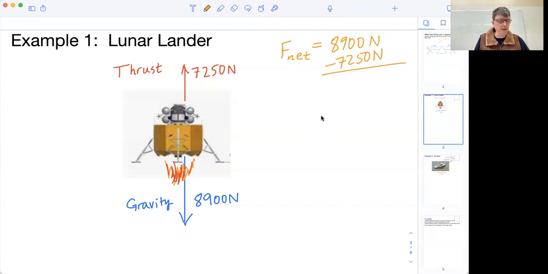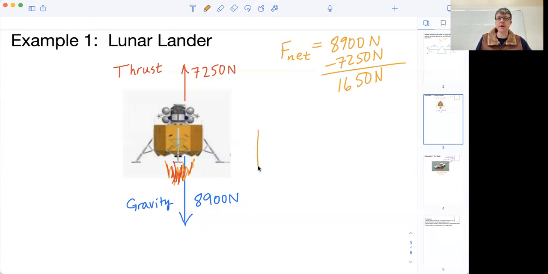So 8,900 minus, did I copy that right? 7,250. All right. And what do I get? I get a result of 1,650. I mean, that's the magnitude, sorry. And which is the direction? The direction is down because this is the bigger force.